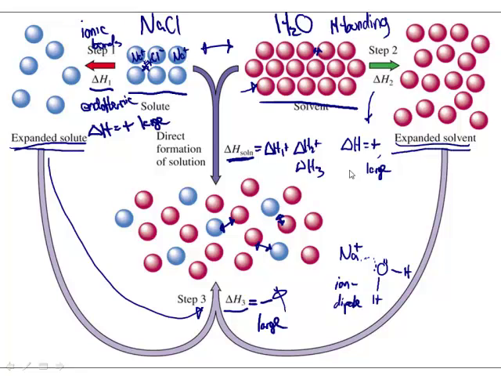Now, when we take the sum of each of these steps, the heat of the solution, in order for a solution to form, must be either negative, meaning overall the process is exothermic and is going to be energetically favorable, or delta H can also be small and positive.